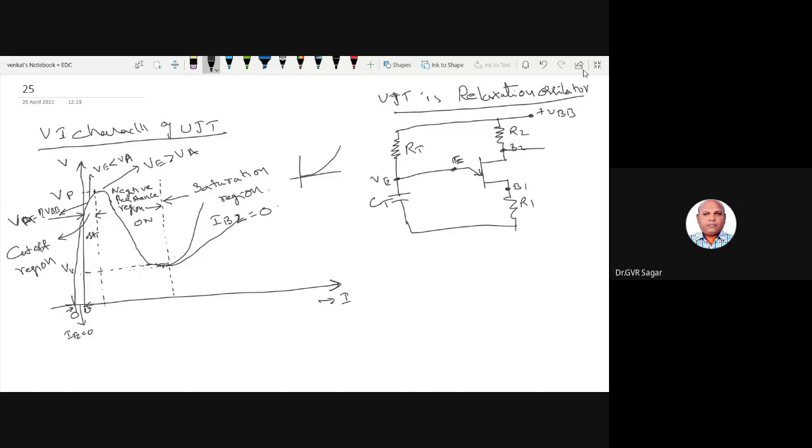I think this is a voltage of V naught 2 here, and this voltage here is V naught 1, right? This is the voltage generated. And the concept here is which is operating from peak voltage to the valley voltage. So when you take the peak voltage to the valley voltage, this relaxation oscillator will oscillate between these two points.